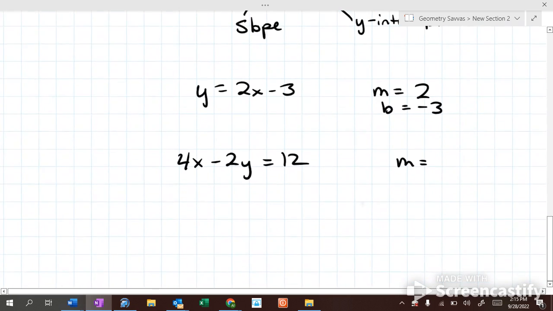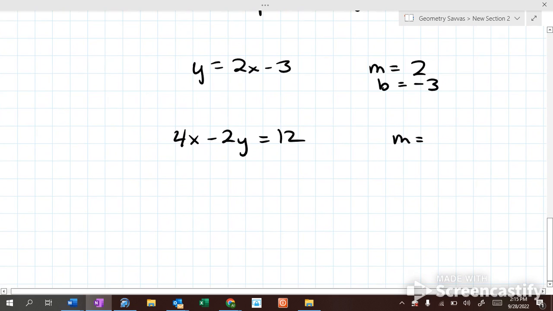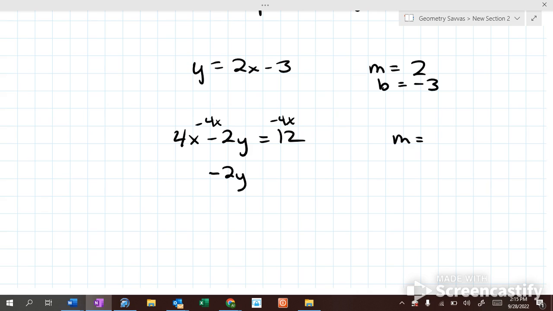You need to get what alone? The y alone. How do we get y alone here? Let's subtract 4x. And we're going to put it in front of the 12. So we're going to say negative 2y equals negative 4x plus 12. Now what are we going to do?